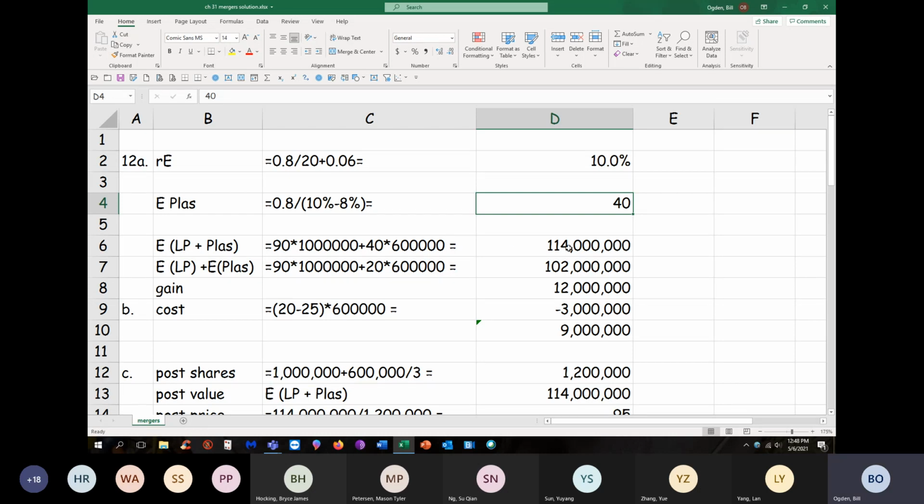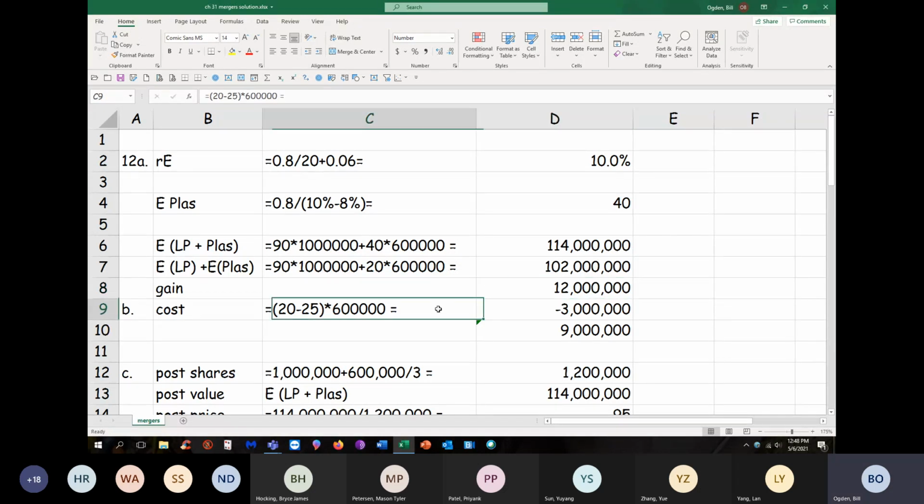So that gives the merged entity a value of 114 million. The value of separate entities is $90 a share for LP and $20 a share for PLAS, a total market value at the current prices of 102 million. So there's a gain from the acquisition of $12 million.